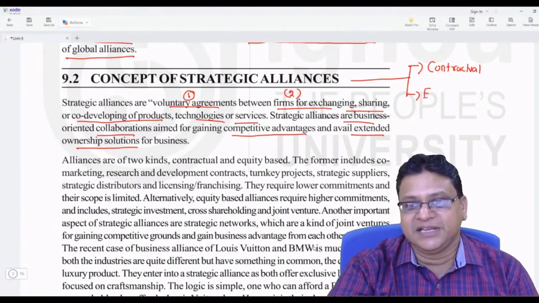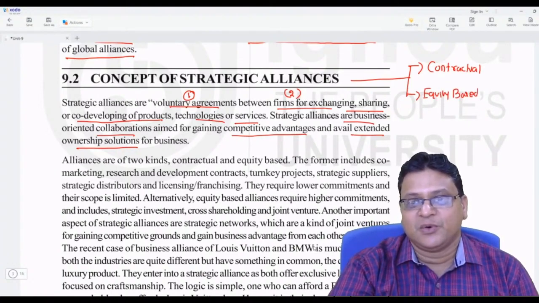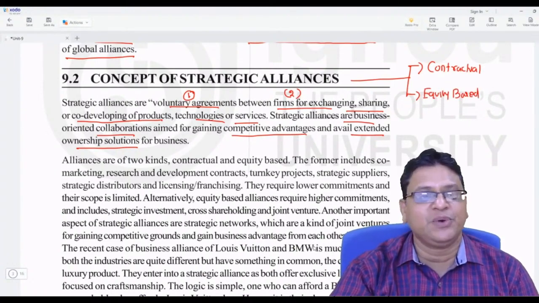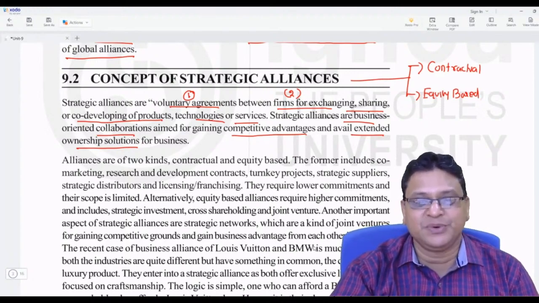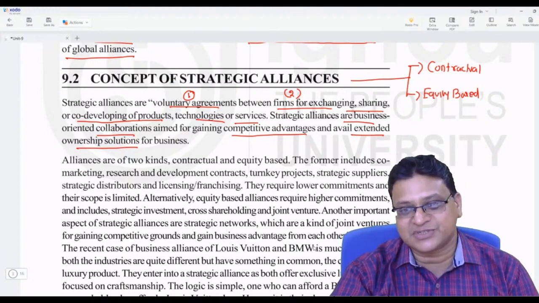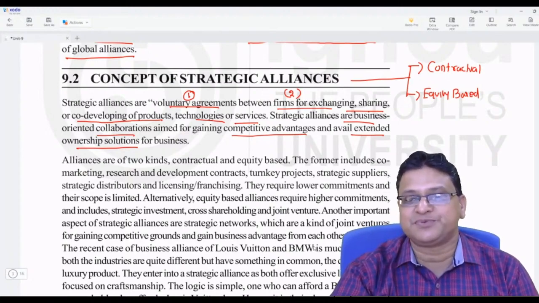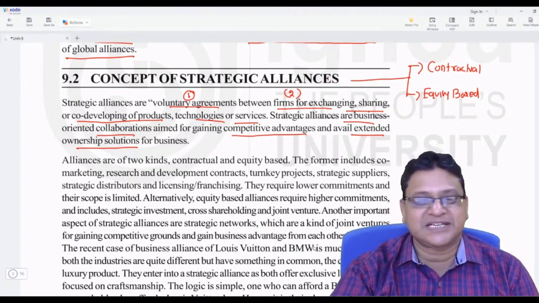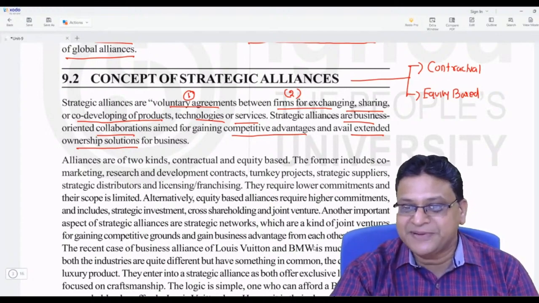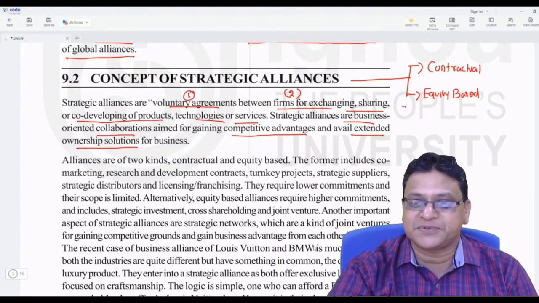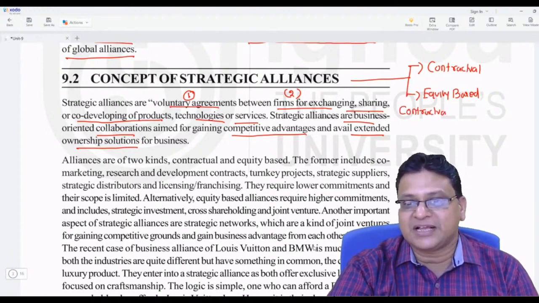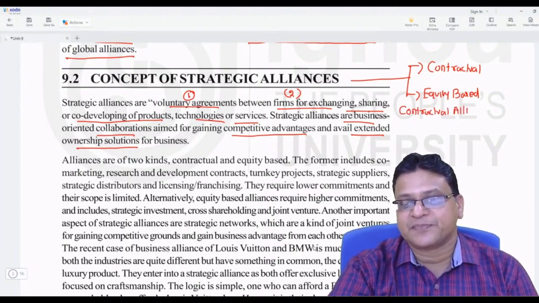First we will discuss what is contractual alliance and what are the different types of contractual alliance. Next we will discuss what is equity based alliance and what are the different types of equity based alliance. First we will discuss contractual alliance.